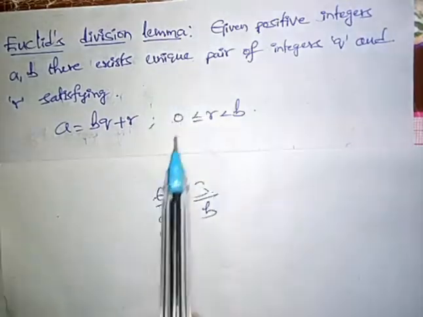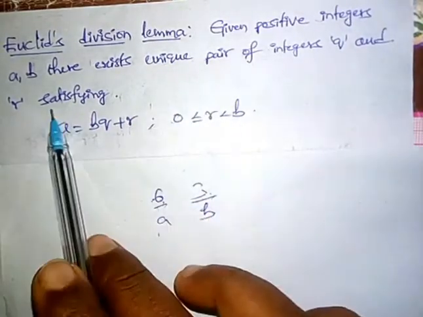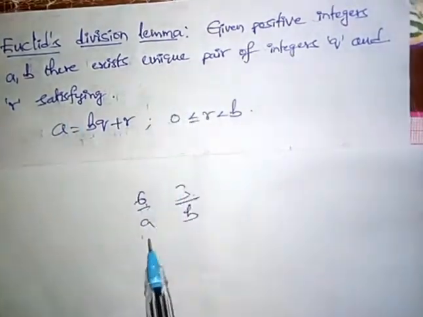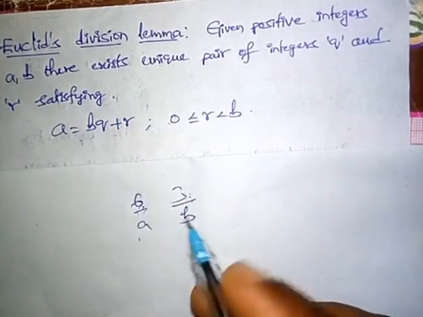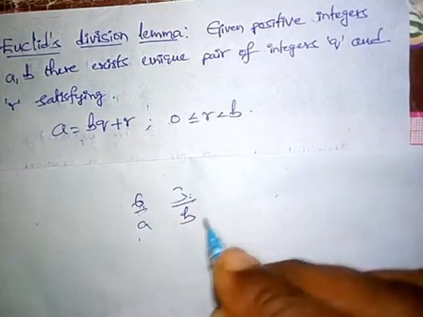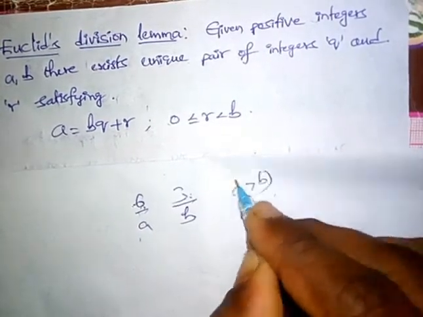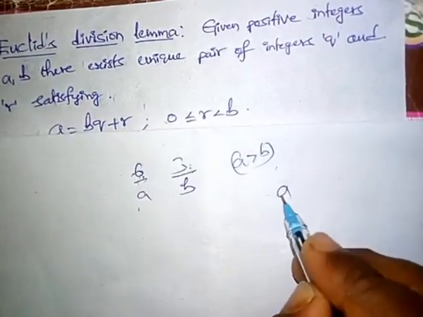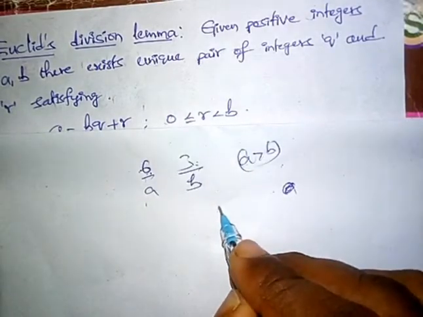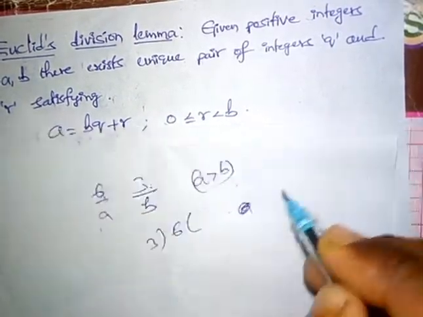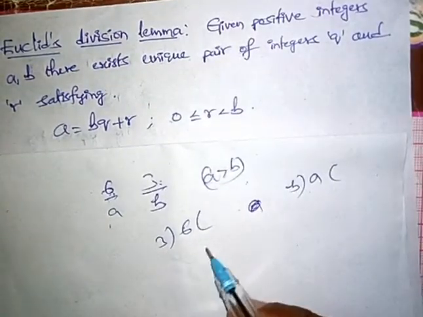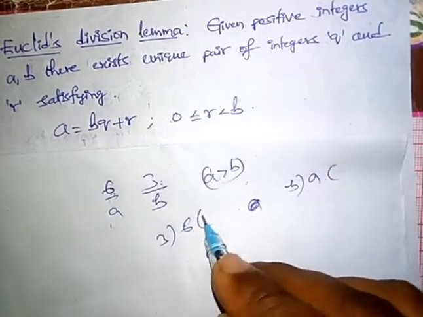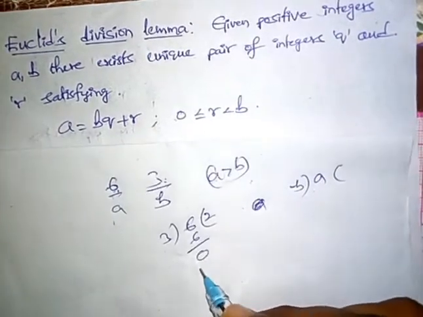Okay. Let's understand the next sentence. If you do the division for these numbers, here a is greater than b. And if you divide 6 by 3, that means a by b, there exists another pair of integers: 3 twos are 6, the remainder is 0.